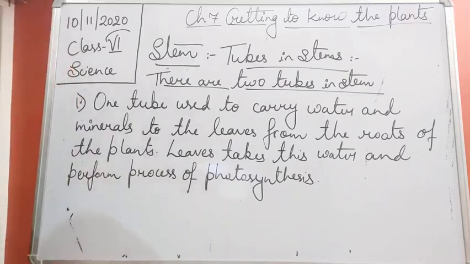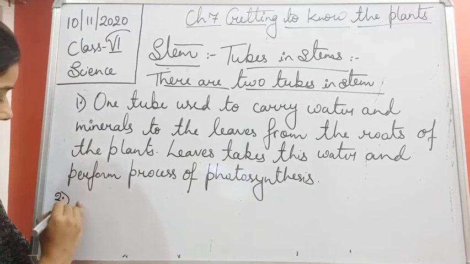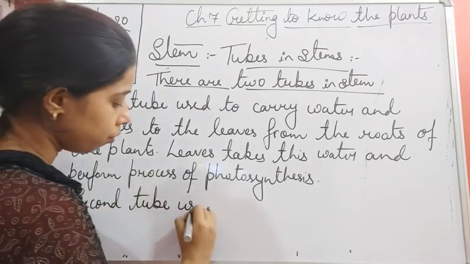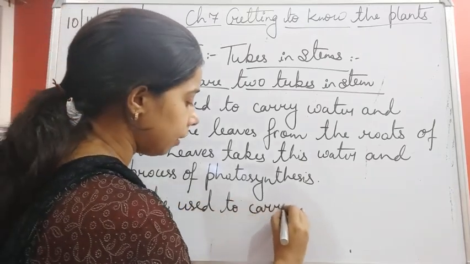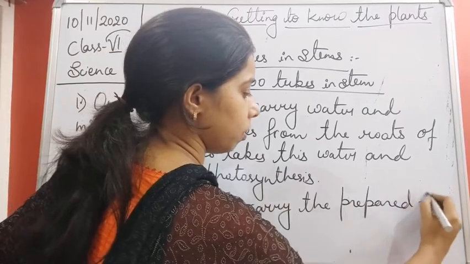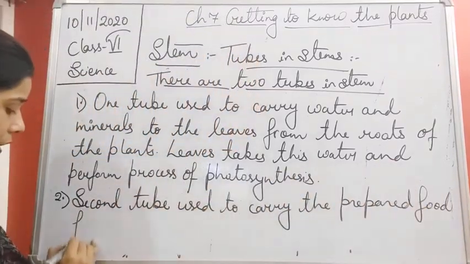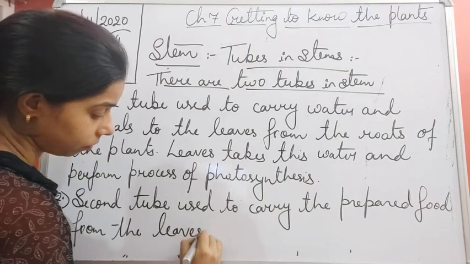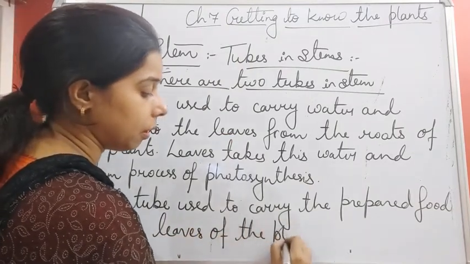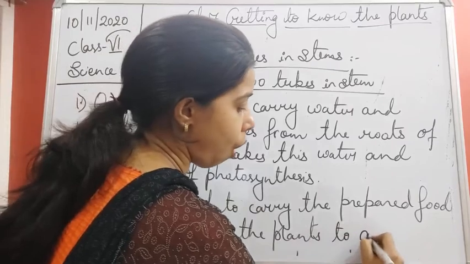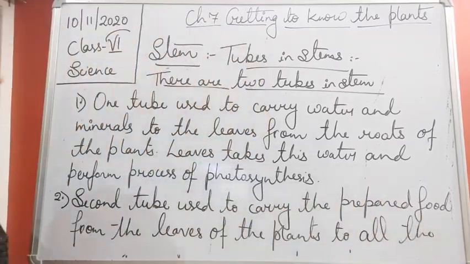The second tube is there, students. The second tube is used to carry the prepared food from the leaves of the plant to the different parts of the plant, to all the parts of the plant.